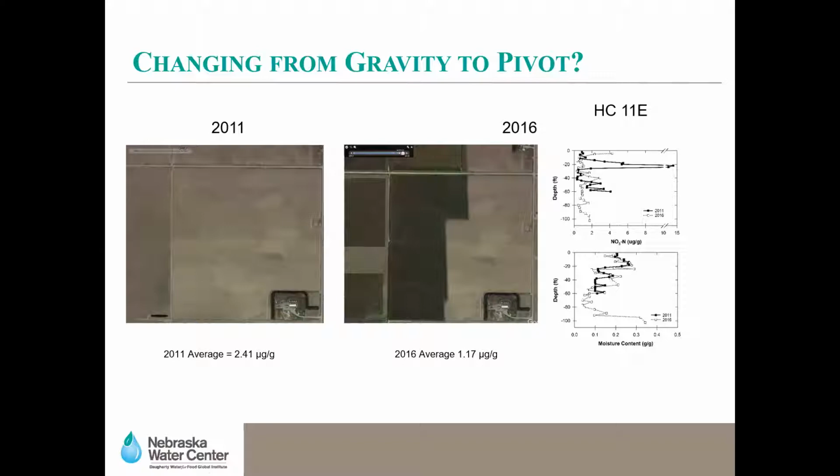And here's an example where the producer actually changed from furrow irrigation to pivot irrigation between the 2 times that we collected the samples. So this is a great management practice that will lead to lower nitrate in the Vadose zone and hopefully over the long term reduce nitrate in our groundwater.